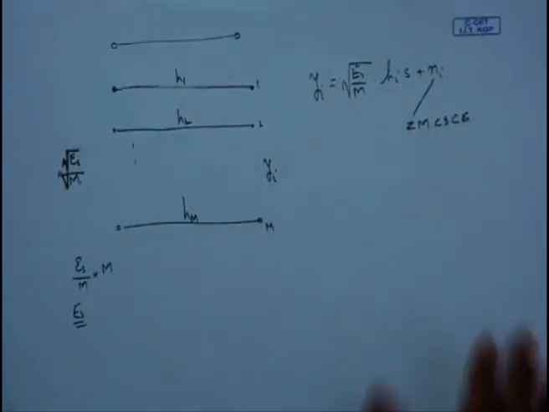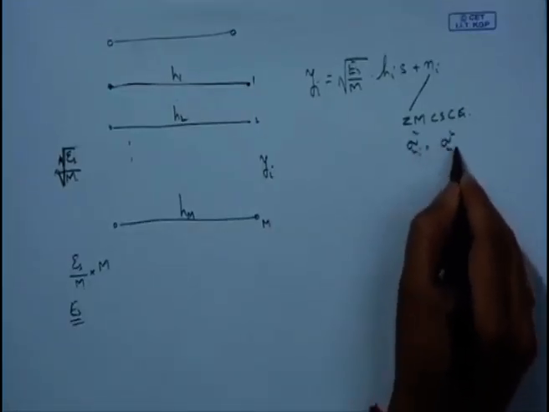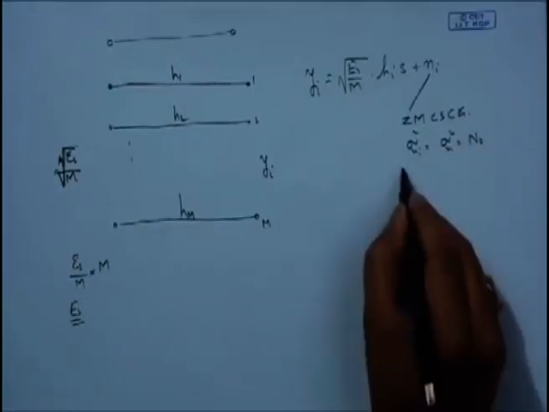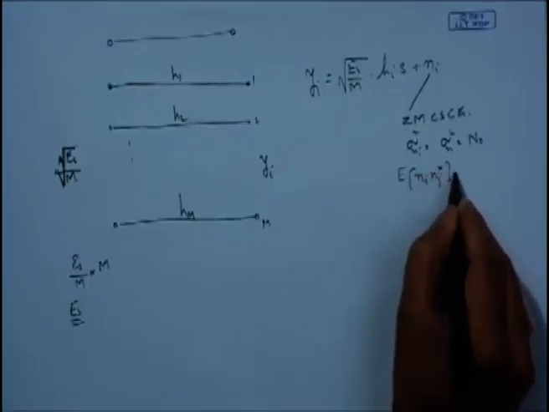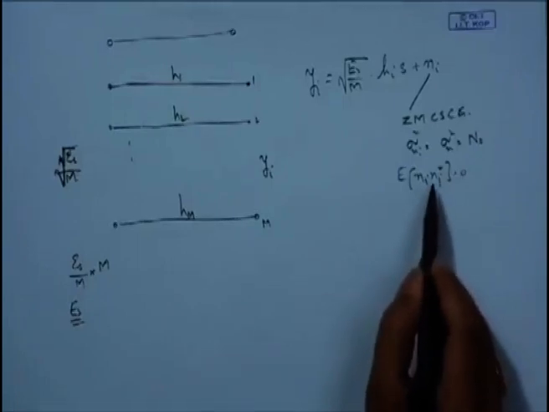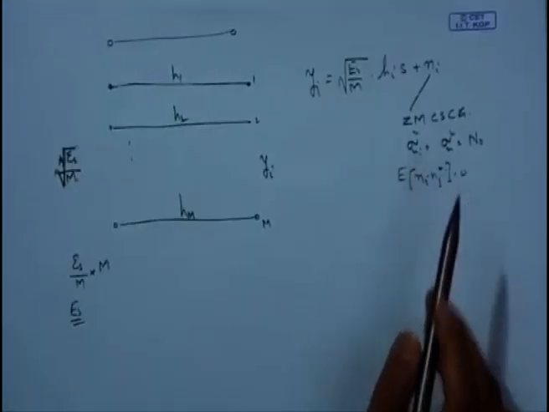This is what we have already described before, and the variance of ni is equal to sigma squared n. That is typically what we use for noise, and it is N naught, and of course we have expectation of ni nj conjugate equal to 0. That means they are uncorrelated, they are independent, it's Gaussian. So these typical assumptions as we have made earlier also hold true.